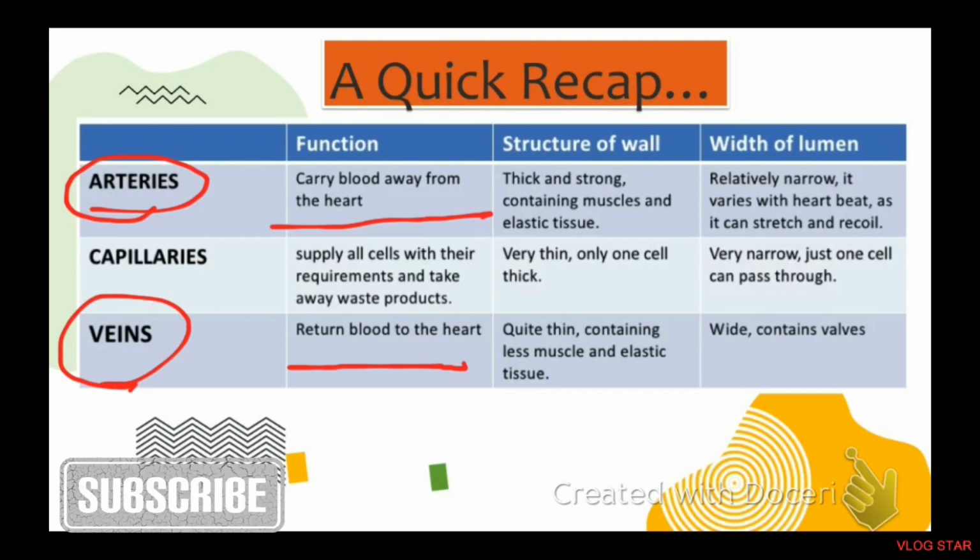So now, because the arteries carry the blood away from the heart, the blood in the arteries is going to be at a higher pressure, and hence the structure of the wall is so designed in such a way that they are thick and strong and they are elastic.